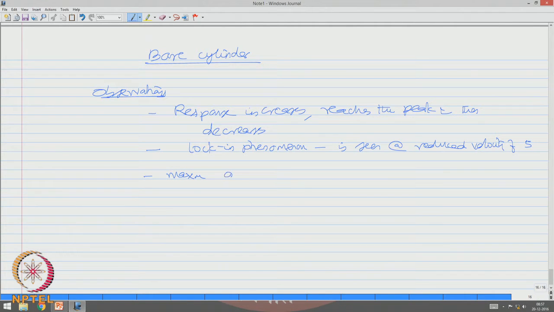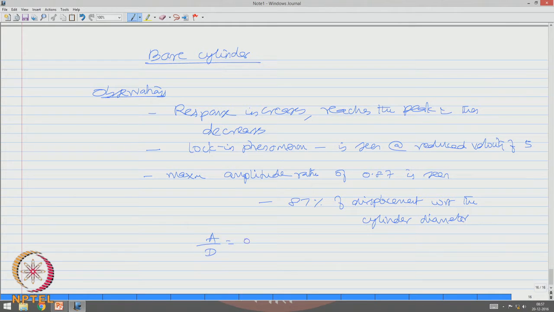The maximum amplitude ratio of 0.87 is seen, which indicates about 87% of displacement with respect to the cylinder diameter, because A by D is about 0.87, where A is amplitude.